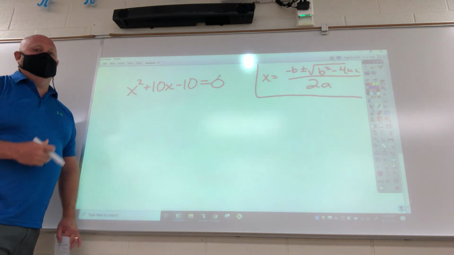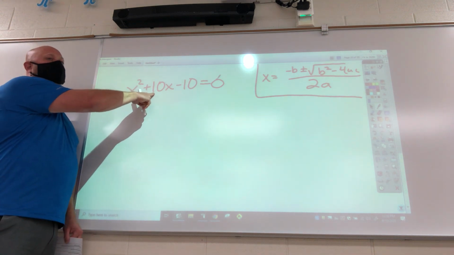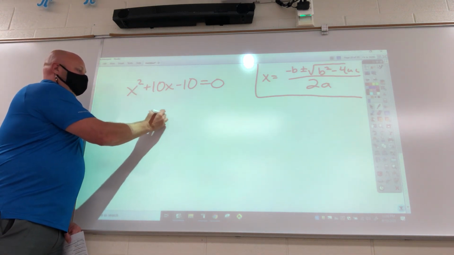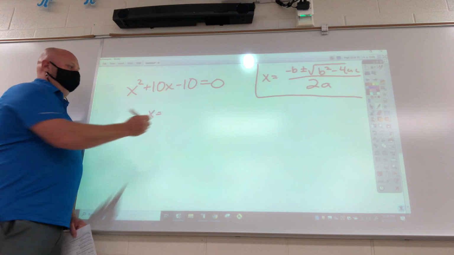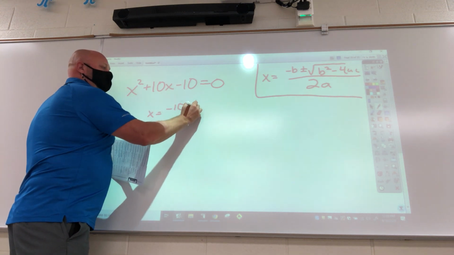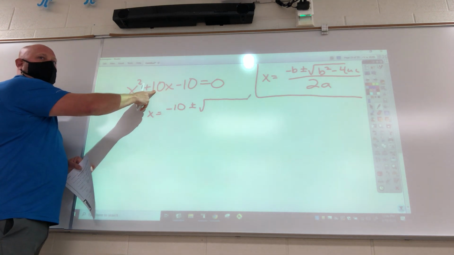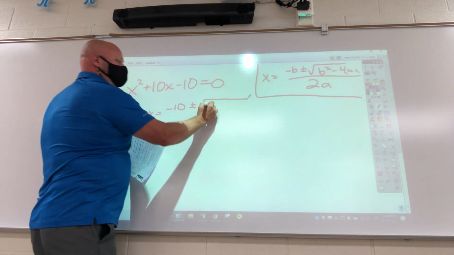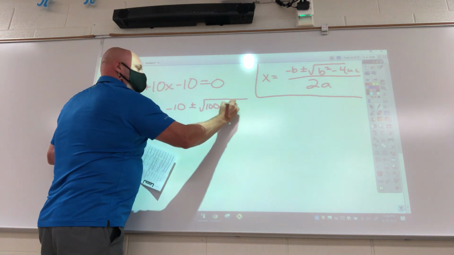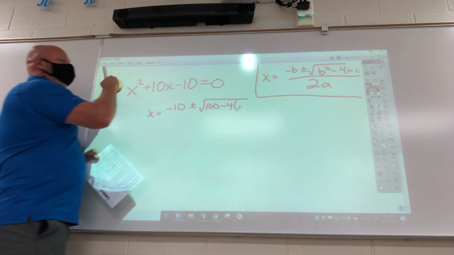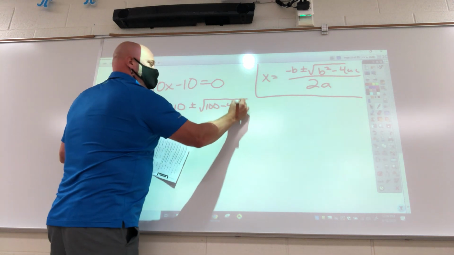If we're going to do the quadratic formula, what's negative of b? What's negative of 10? Negative 10 plus and minus the square root of b squared would be hundo minus 4. A is 1.